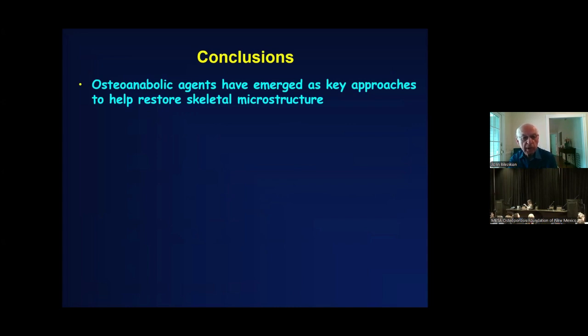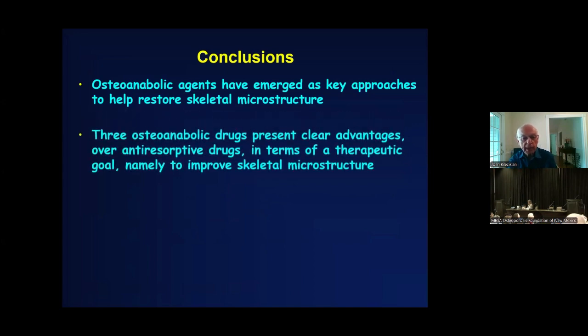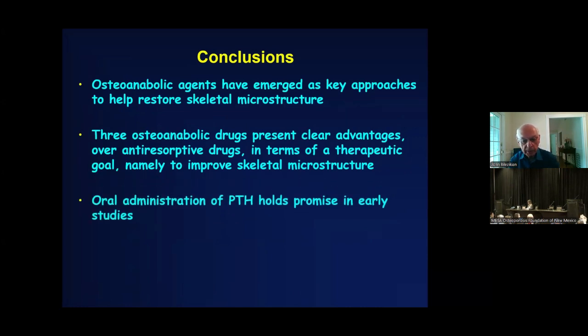My conclusions are that osteoanabolic agents have emerged as key approaches to help restore skeletal microstructure. We have 3 anabolic agents that clearly show advantages over anti-resorptives in terms of one of our therapeutic goals, which is to improve skeletal microstructure.